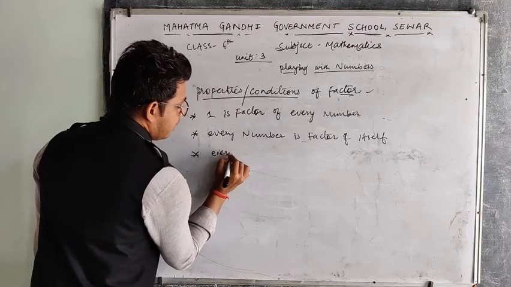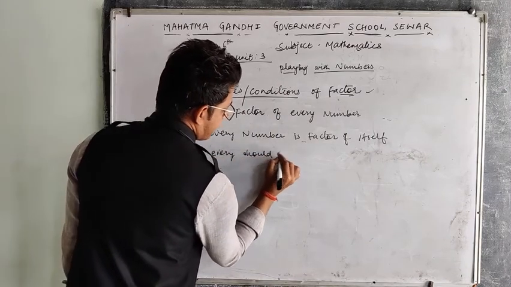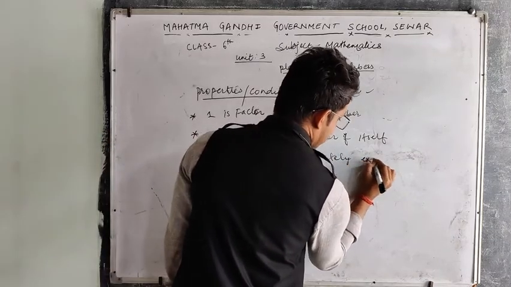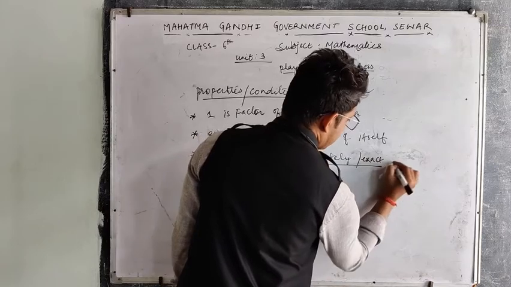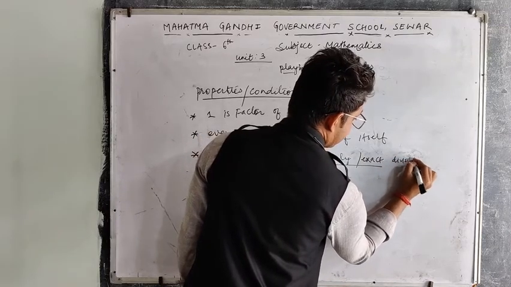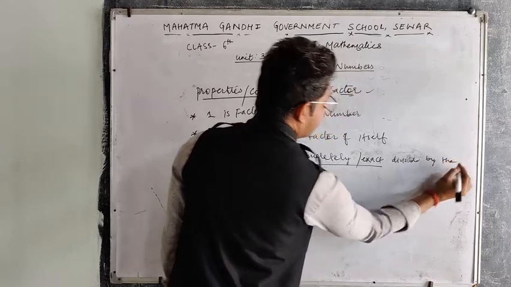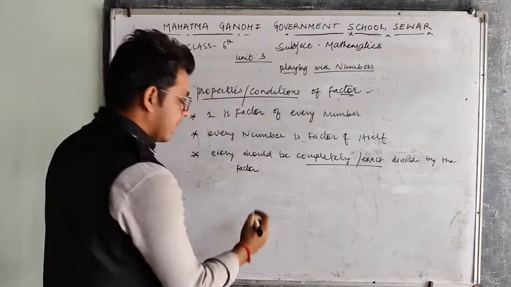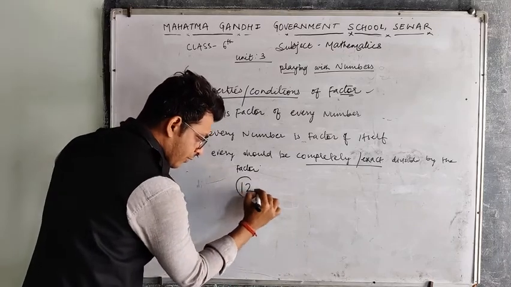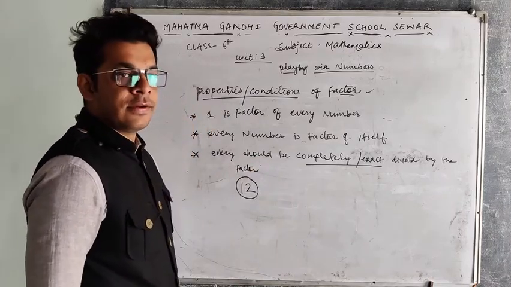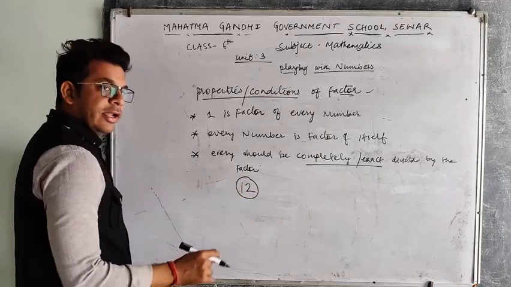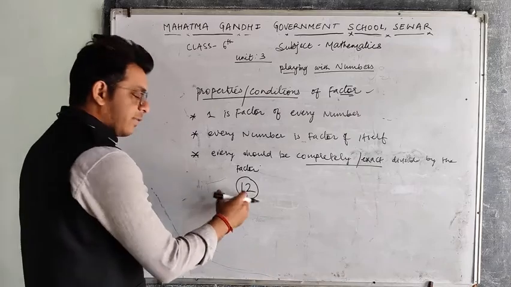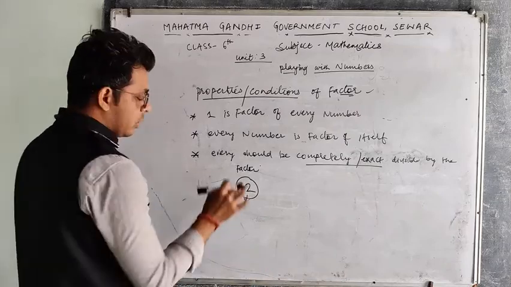Every number should be exactly or completely divisible by the factor. If we are calculating factors of 12, it means the numbers which are factors of 12 should divide 12 completely.